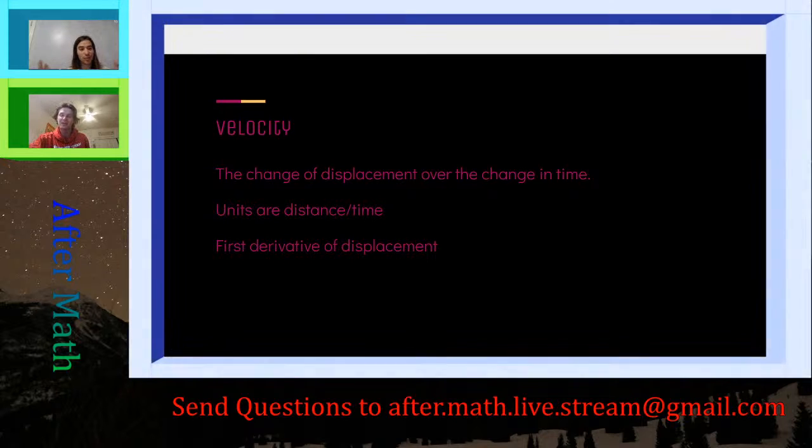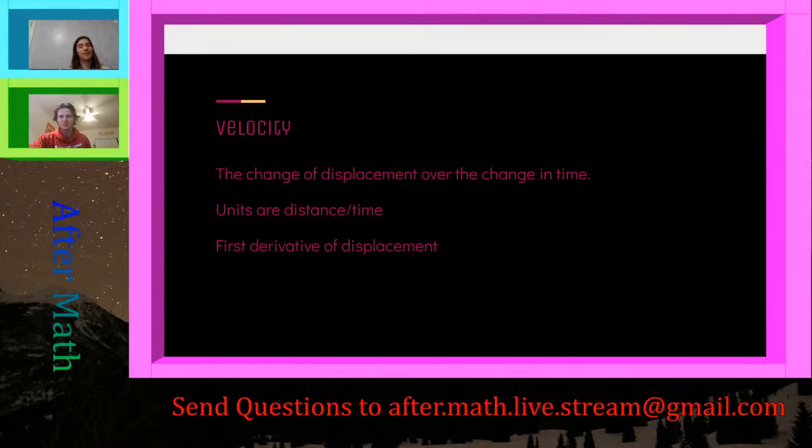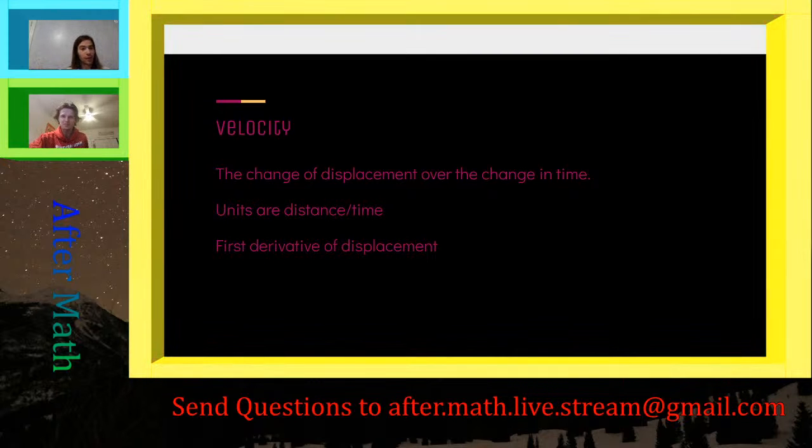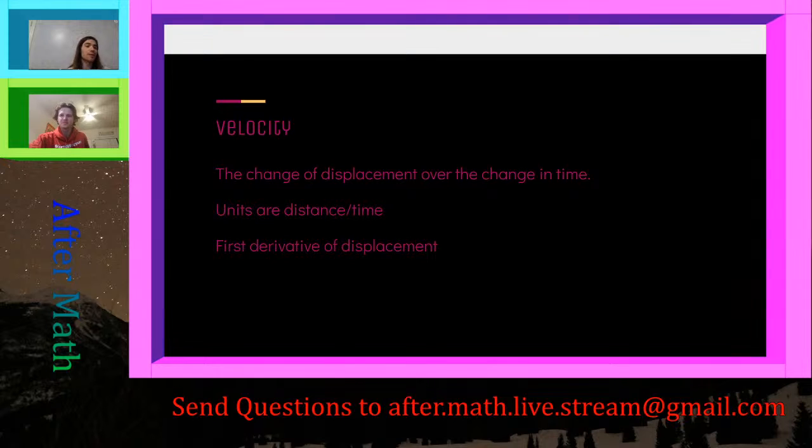A first derivative is the first time you took the derivative of a function. Just the same way you can divide a number by 3 and then divide by 3 again, we can take the derivative of displacement more than once. So it's the first derivative.